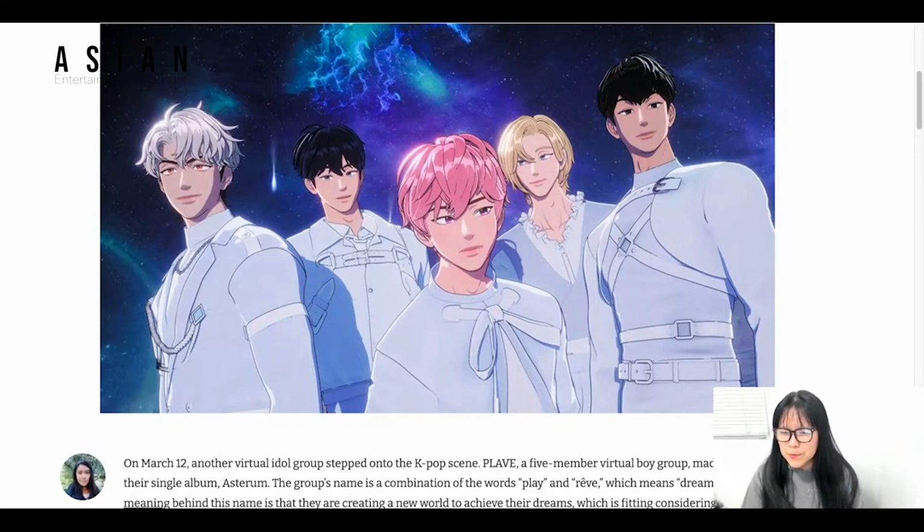Fairlane is Plave. No, they're not AI. There are actual human beings behind those animated characters. So when there is an MV, they do mocap. They attach those things on the body of the person when they dance, and then they trace the movements through those attachments. So the movements are actually based on the movements of the actual singer and the actual idol.